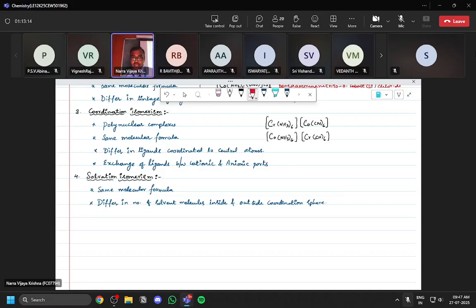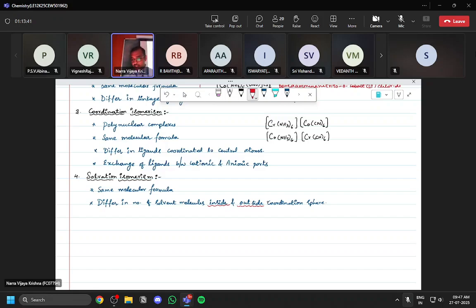If they are present inside the coordination sphere, we call them ligands. If they are present outside the coordination sphere, we call them solvated, hydrated. Inside the coordination sphere, the same water molecule is called aqua. If the same water molecule is present outside the coordination sphere, we write it as hydrate. Correct or not? Respond.